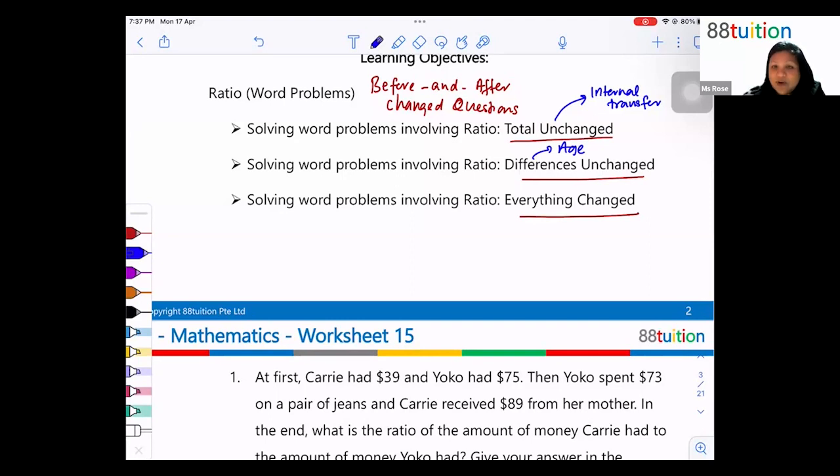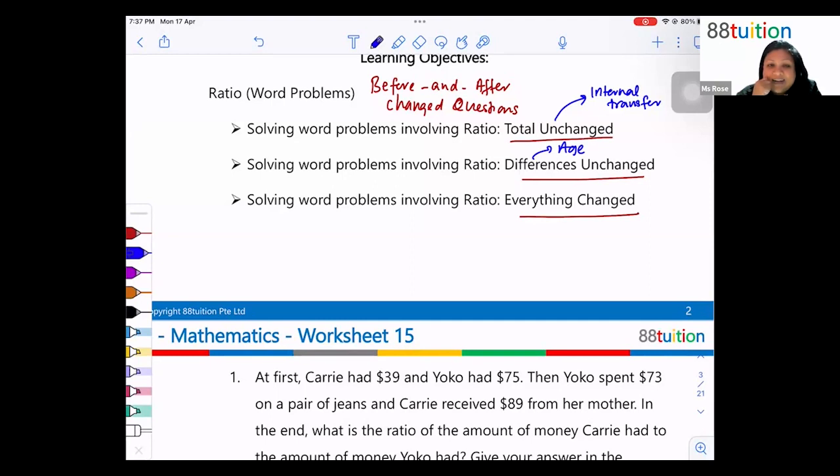Age question. So regardless of whether now, in the past, or in the future, the difference in age between 2 people will always remain unchanged.